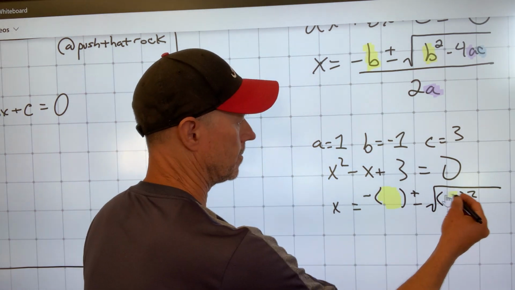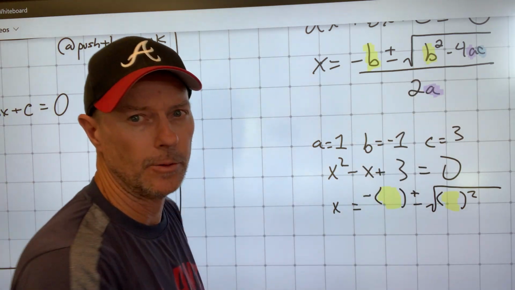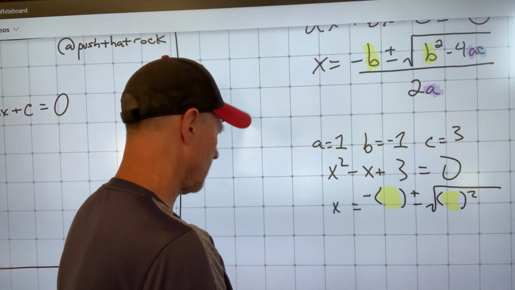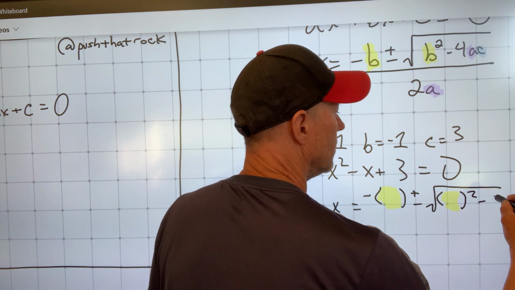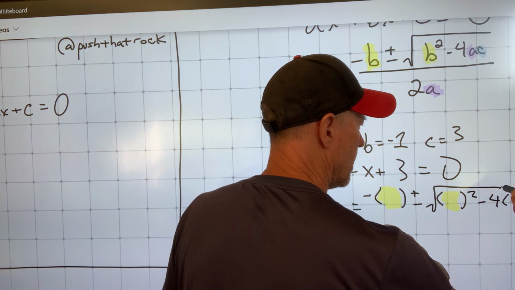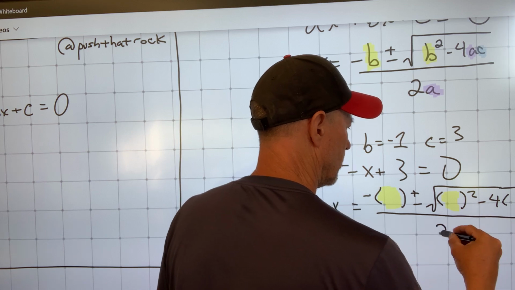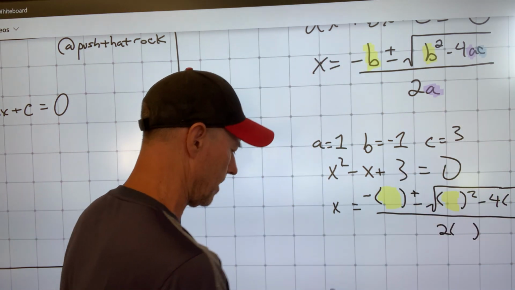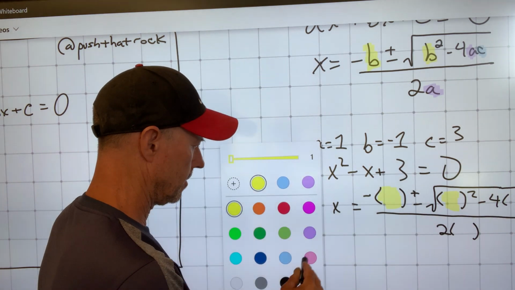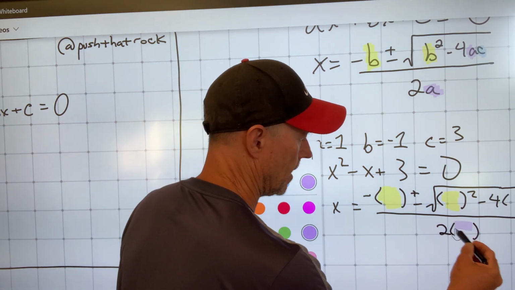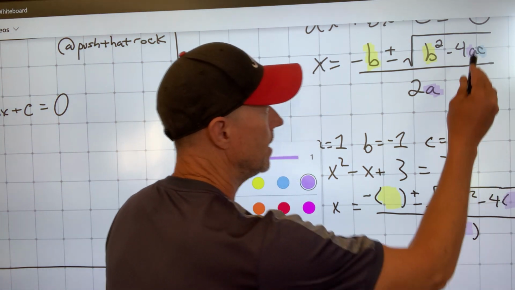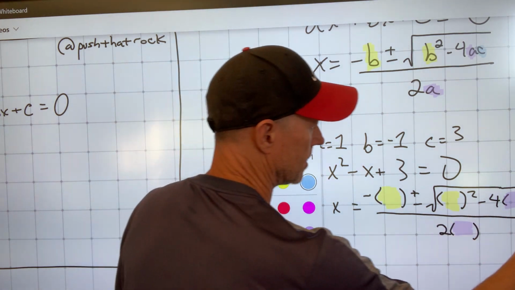So again, I'm substituting in for the yellow. Then we have minus 4 times a times c, and it's all over 2 times a. Now a I highlighted in purple, so I'll get my purple out and highlight a. a is going to go there and there, and c is going to go here.